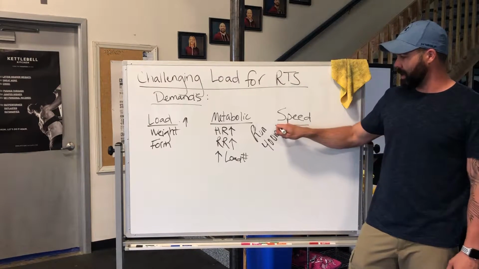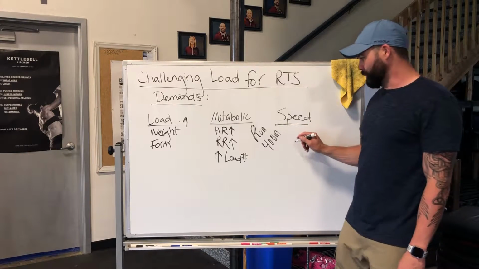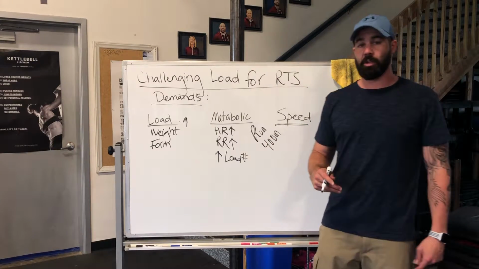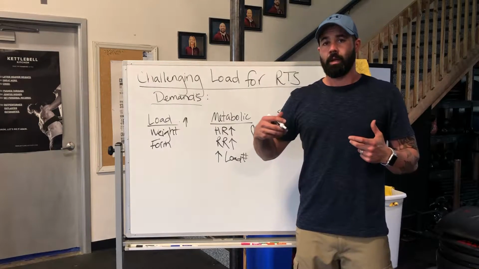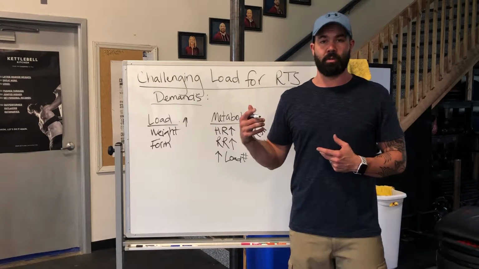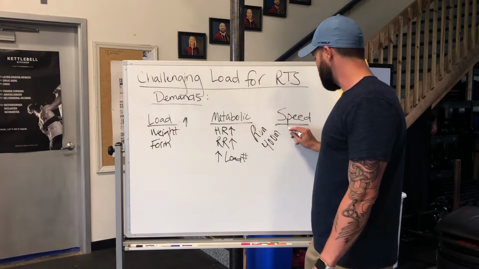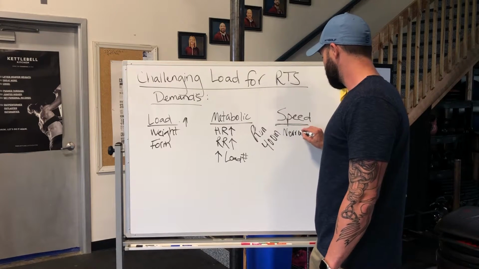And this is why we want to add this in last. A speed load is a neurological load. This challenges the nervous system in a way where we can really start to dissect, can you maintain good form when we've challenged your neuromuscular system at the highest level? And so this is a neuro load.